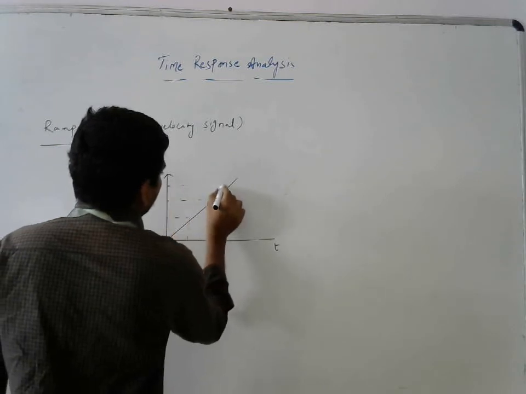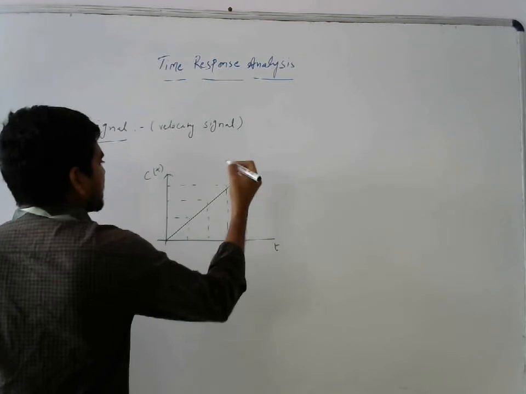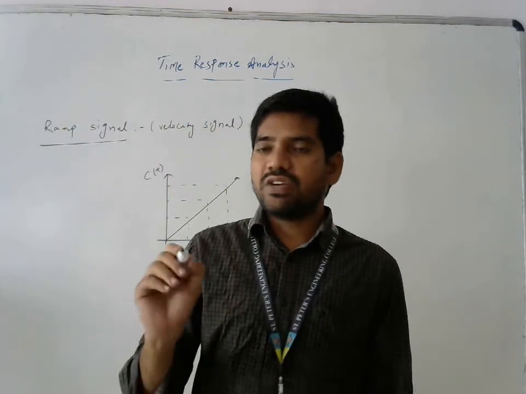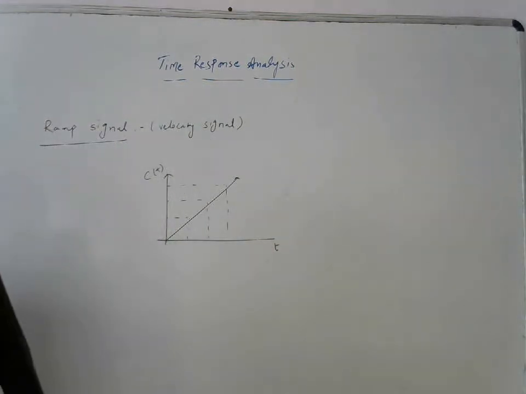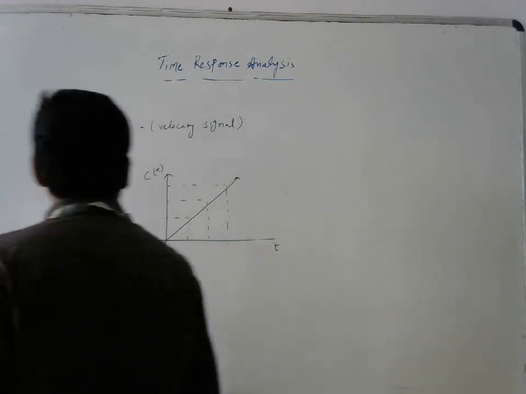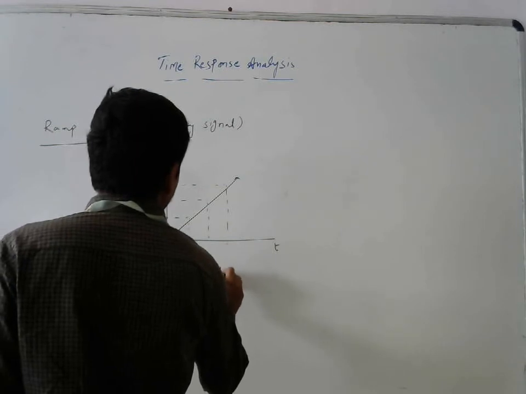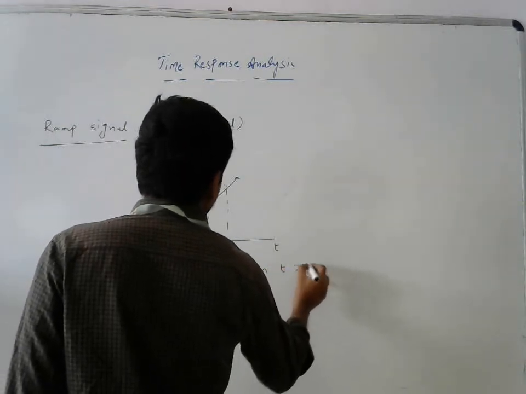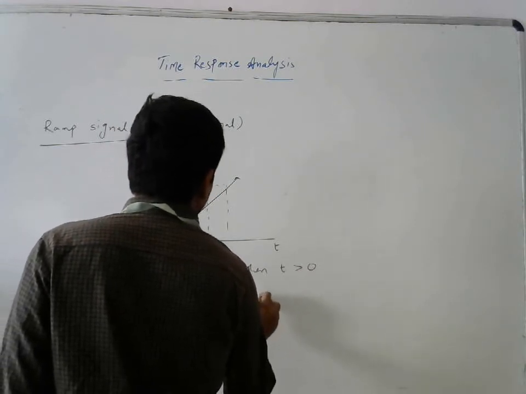See here, as the time varies, automatically the output response of the particular system will also vary. How it varies is linearly. That means r of t equals At when t is greater than 0, and r of t equals 0 when t is less than 0.